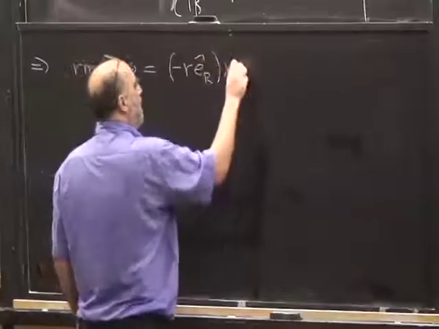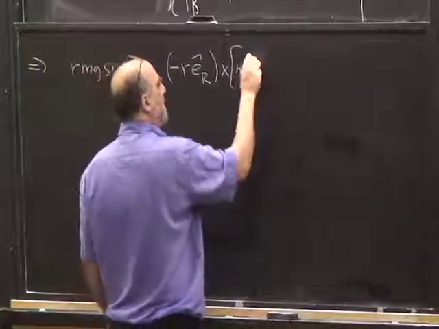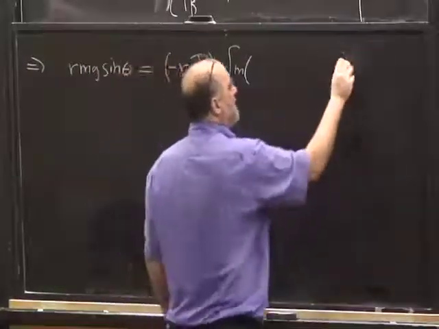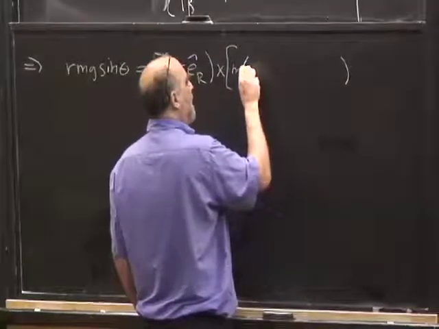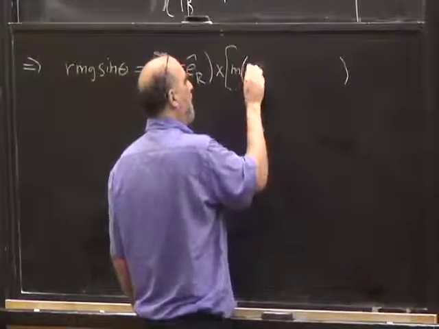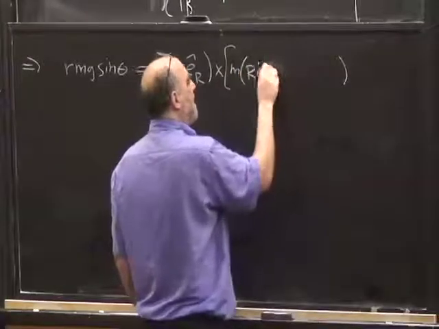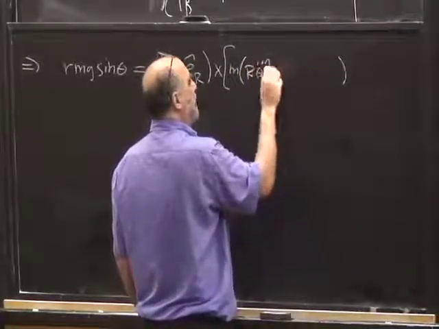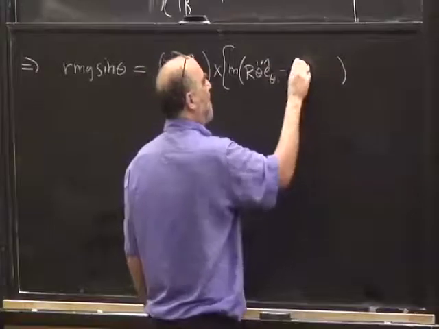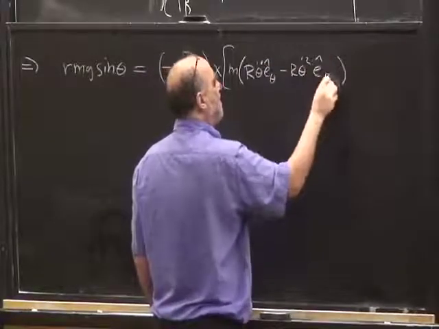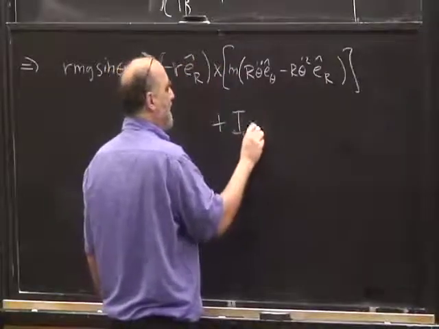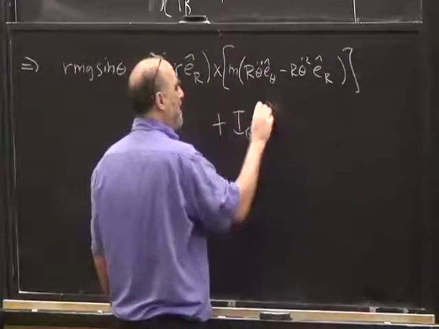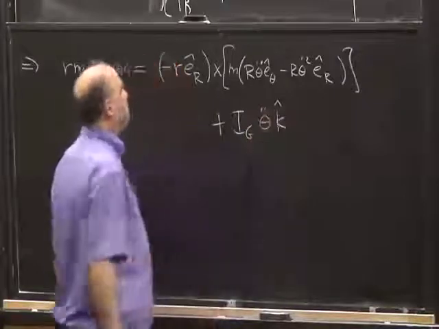And then we're going to cross that with the mass times the acceleration. And what is the acceleration? It was R theta double dot e_theta minus R theta dot squared e_R. And then we add to that Ig omega dot, which was theta double dot k.